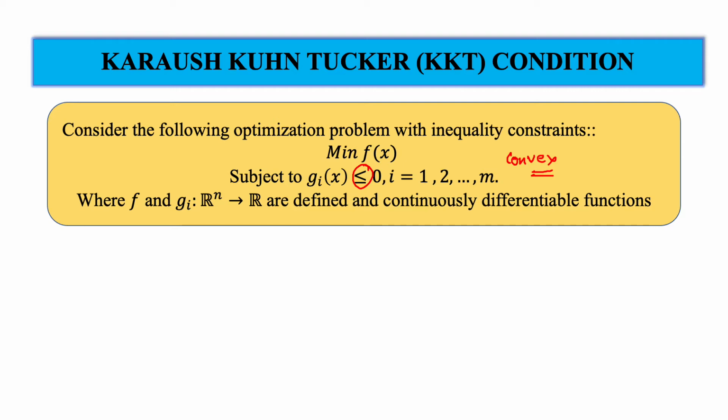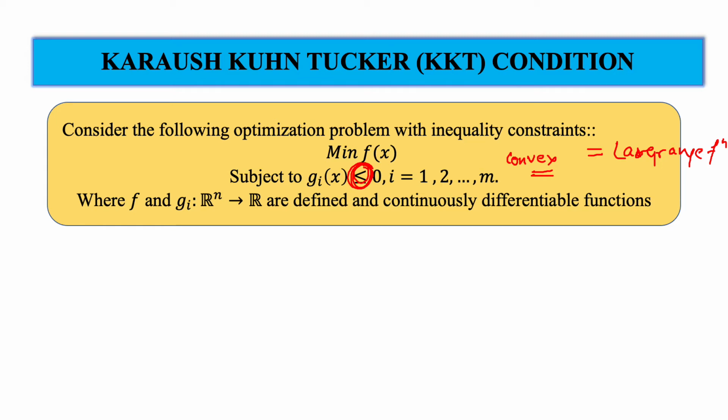Now if we have equality type constraints, we use the Lagrange function, the Lagrange multiplier method, to find the optimal solution of that type of problem. But if you have constraint optimization with inequality type constraints, then we use the Karush-Kuhn-Tucker condition to find the optimal solution of such problems.